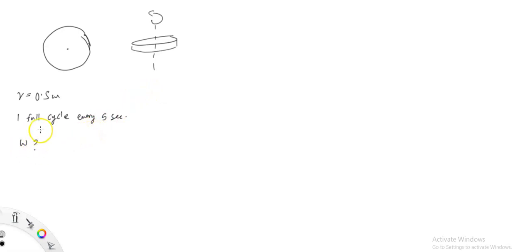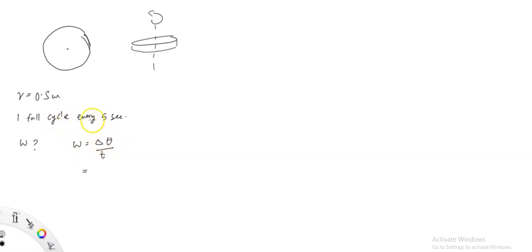So how do you find omega? We know that omega is the angle theta or delta theta divided by time. It says it makes one full cycle every 5 seconds. Now remember, omega has to be in radians per second. So whatever the angle is, it should go in radians.